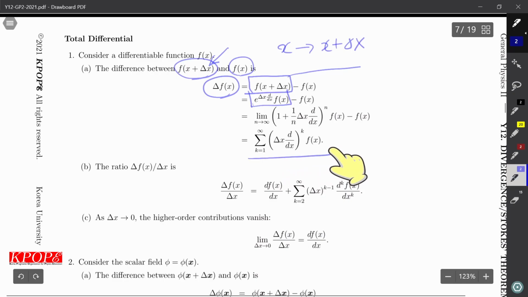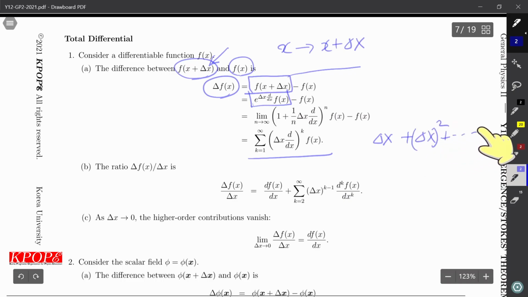After expanding the expression, we have an expression proportional to delta x. The leading term has delta x, the next to leading term has delta x squared, and so on.